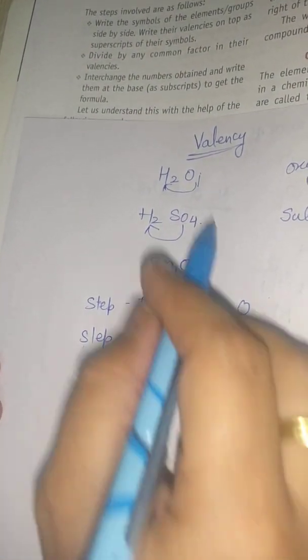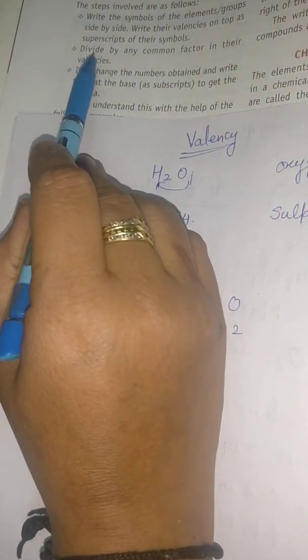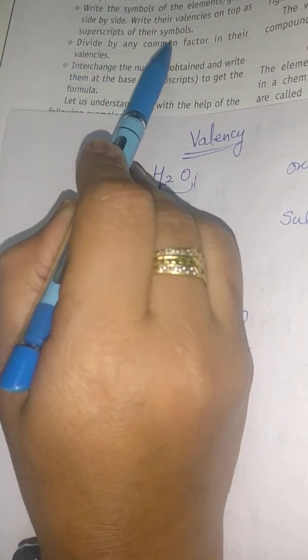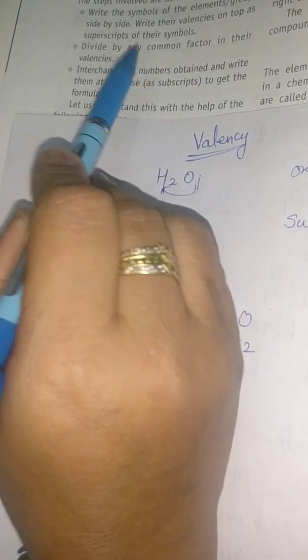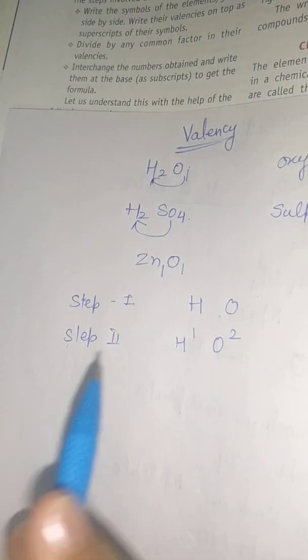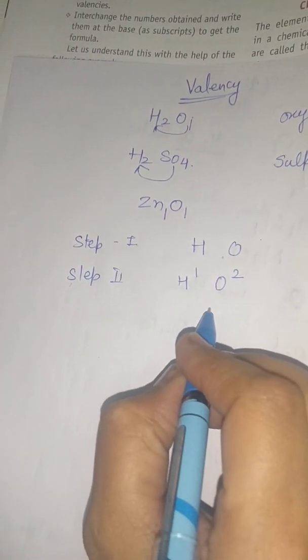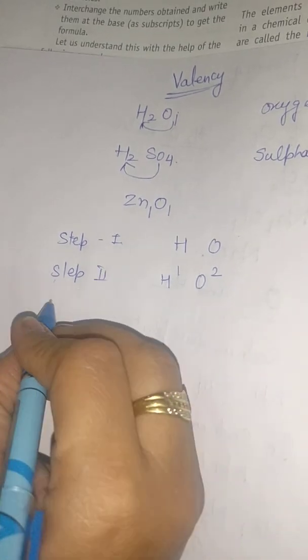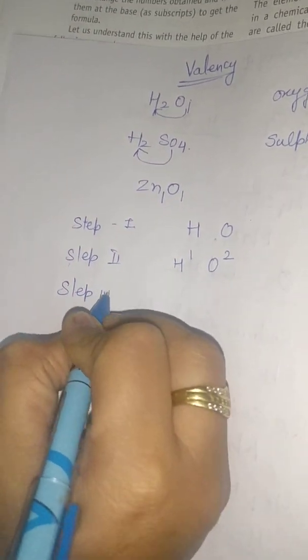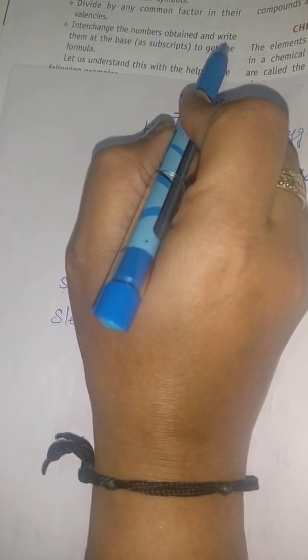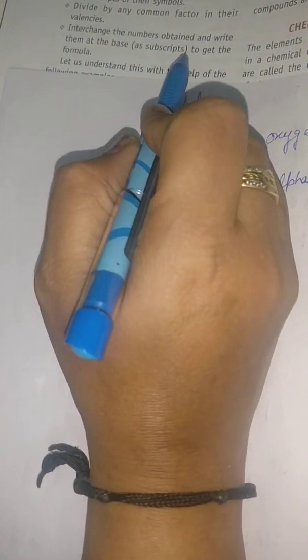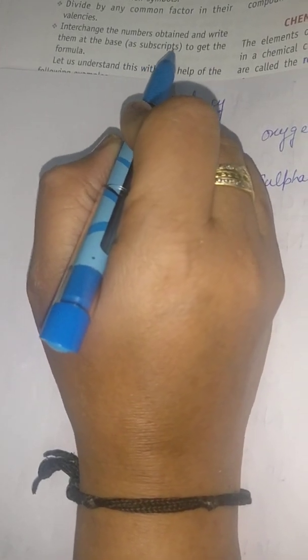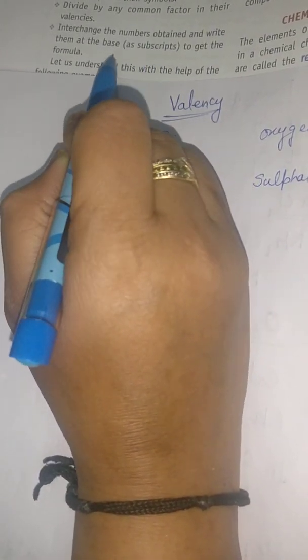Now here, in the third point it is written, divide by any common factor in their valencies. Now here, there is no common factor in the valencies of hydrogen and oxygen. So now in the next step, interchange the numbers obtained and write them at the base. It is mentioned here as subscript. Subscript means to write the valency at the base to get the formula.